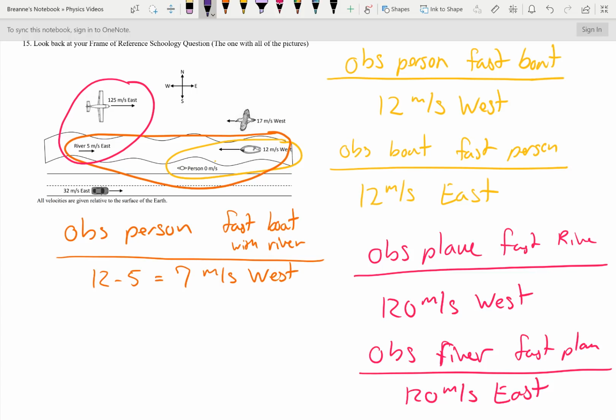So now we're going to look at the bird and the car. The observer is going to be the car. We're going to see how fast the bird is going.